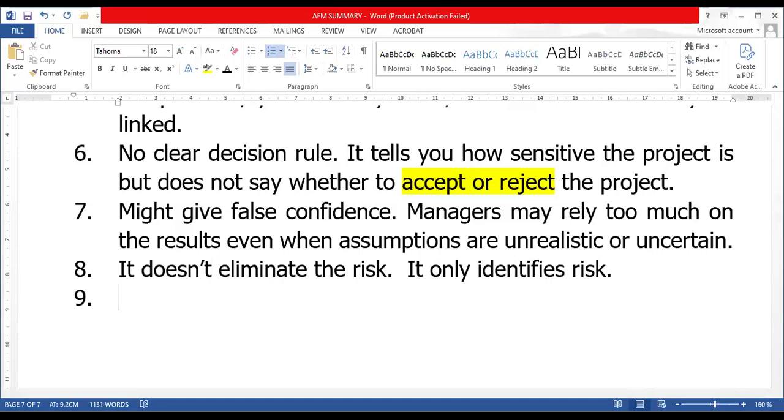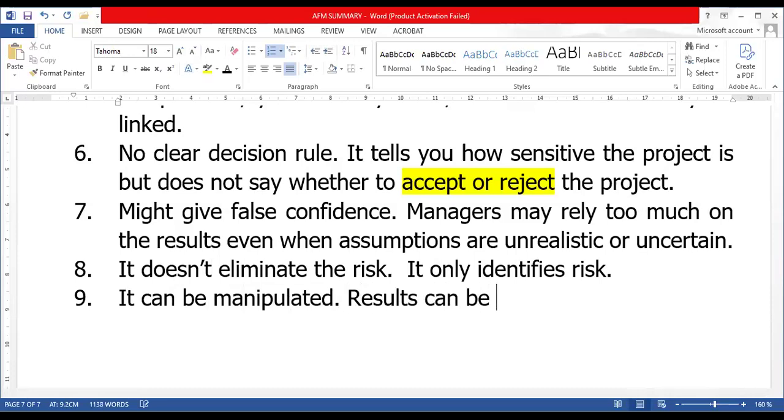Then maybe you can say it is subject to manipulation. It can be manipulated by managers. Results can be influenced. Manipulated by what?